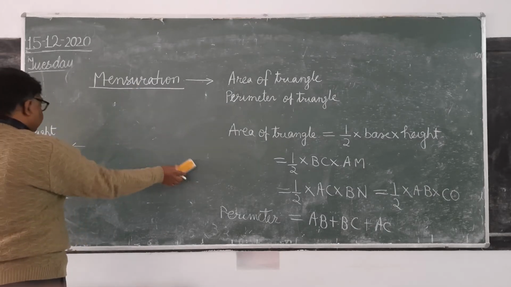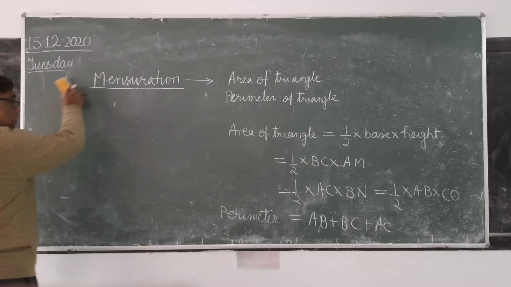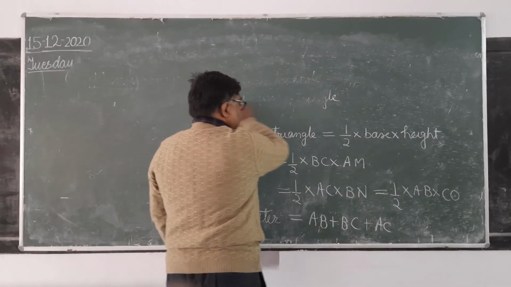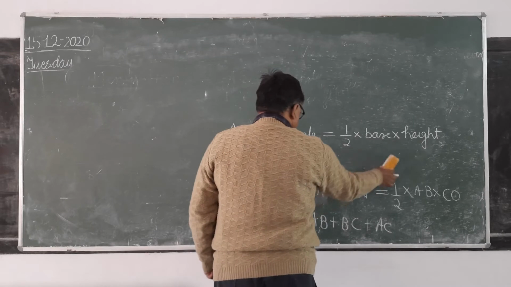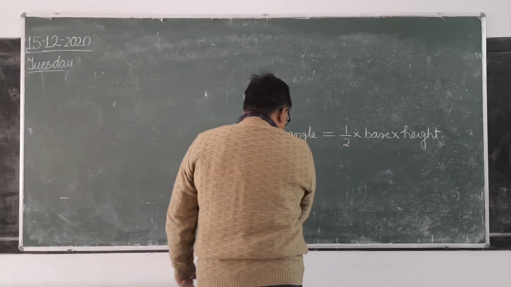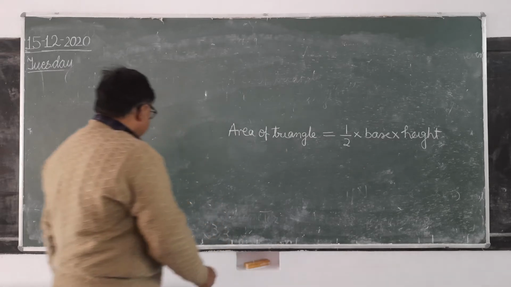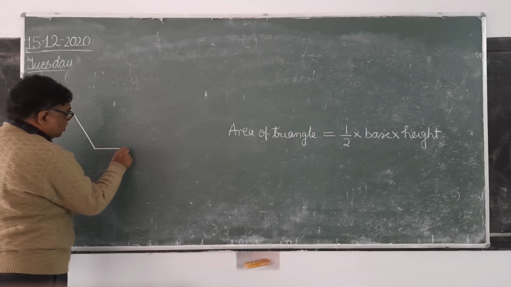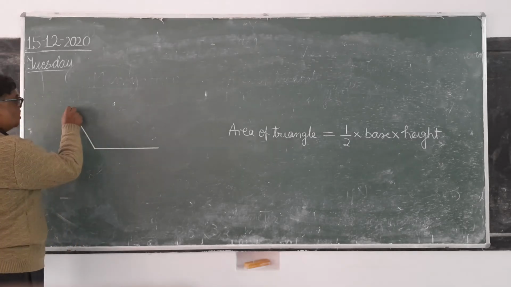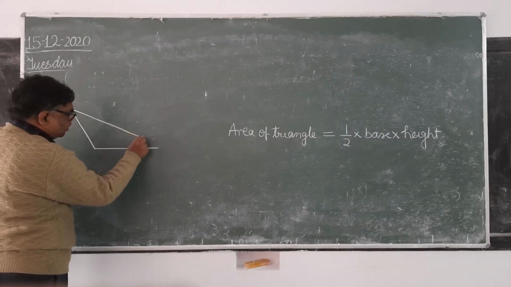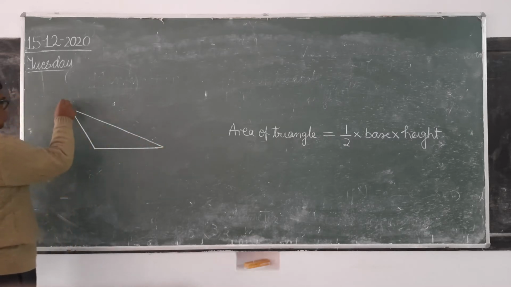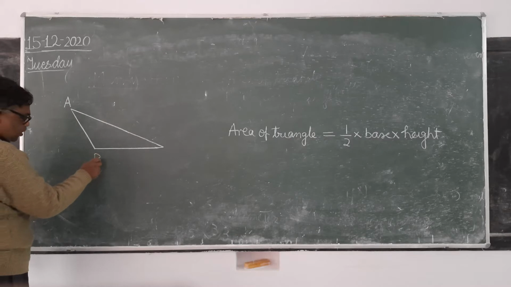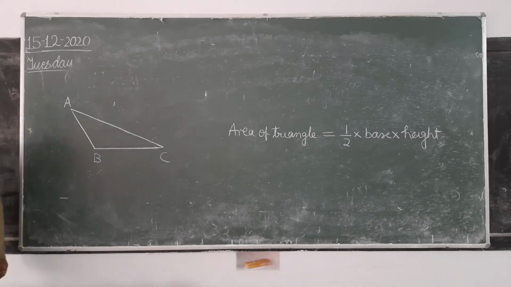Now see here, suppose the triangle is of this type. Here this is an obtuse angle triangle. Suppose this is the triangle, with vertices A, B and C. If you take BC as the base, then what will be the height?